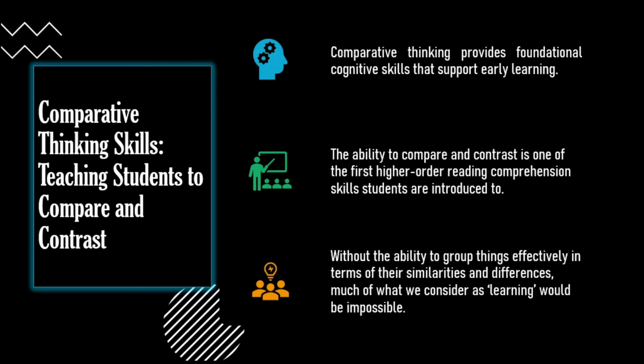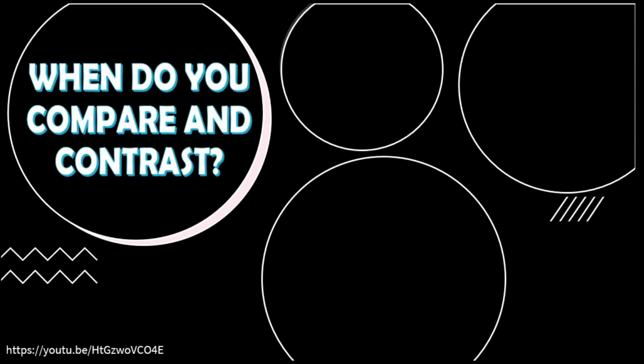Without the ability to group things effectively in terms of their similarities and differences, much of what we consider as learning would be impossible. So of course, if we don't have this kind of skill, probably we can say that no learning takes place. Now, I want you to check this one.